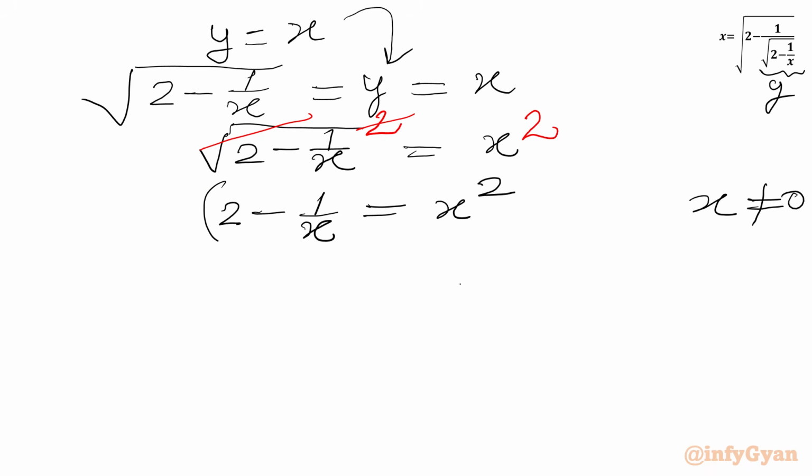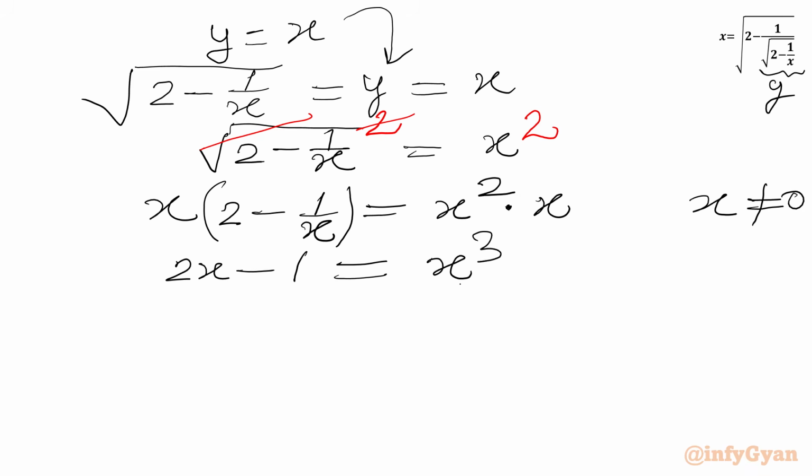So I will write here times x. I will write here times x. So 2x minus 1 will be in LHS and x cube will be in RHS. Let's write all the terms to RHS. x cube minus 2x plus 1 equal to 0.